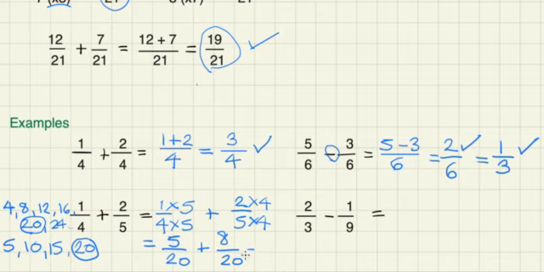So all you have to do now is put the 20 underneath, add the 5 plus 8, and 5 plus 8 equals 13. Hold on a minute, let's make this nice and clear. So 13 over 20.